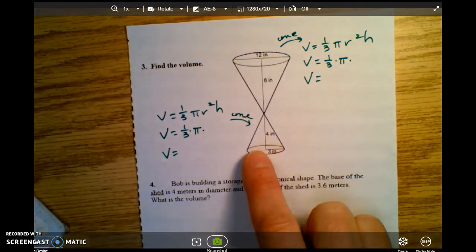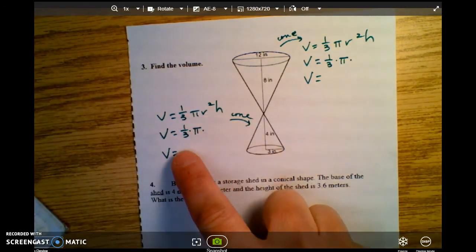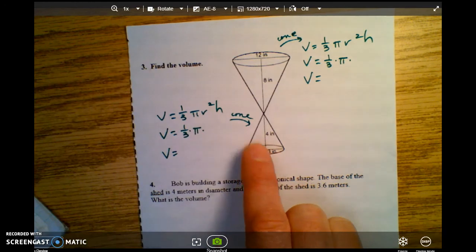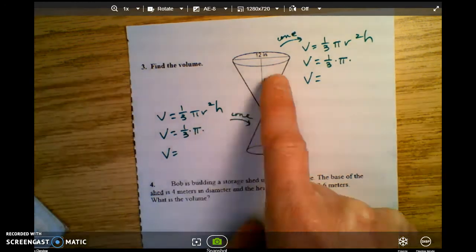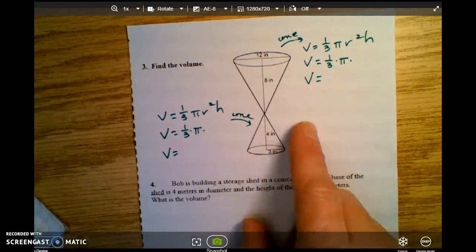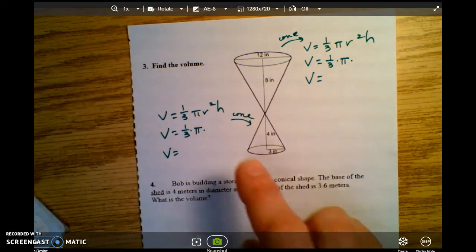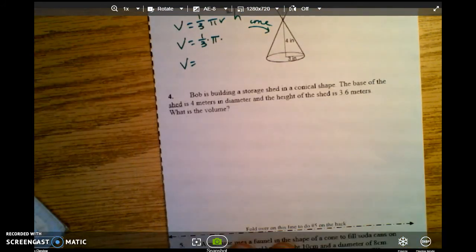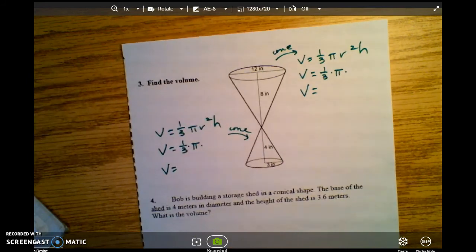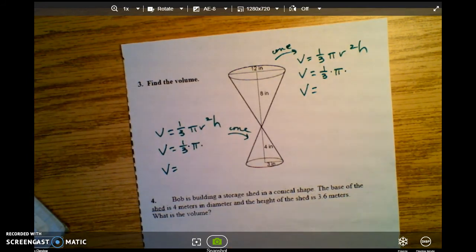But then when you come down here, you're going to set up a whole other formula using the dimensions down here to find that. And then the total volume, remember, is these two answers added together. So try this page, see how you do independently, and then watch the second composite volume video so you can check your answers.